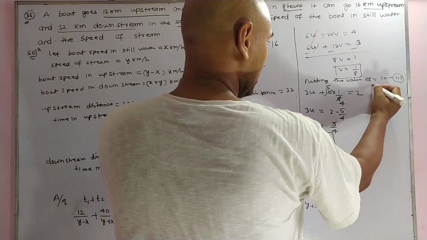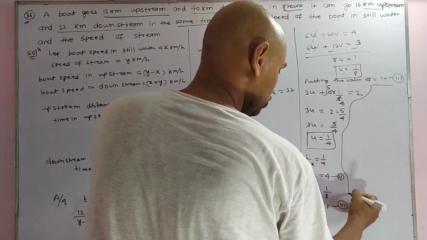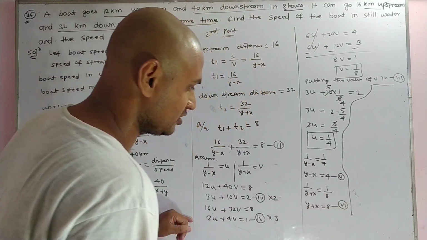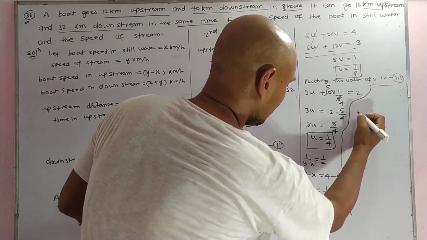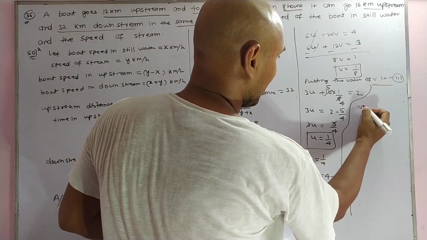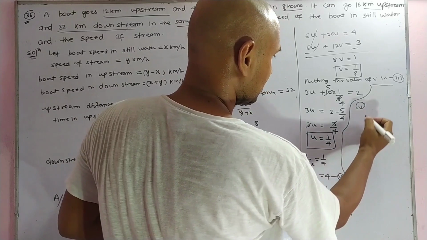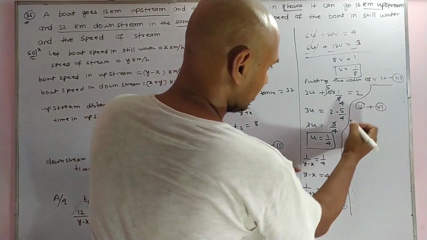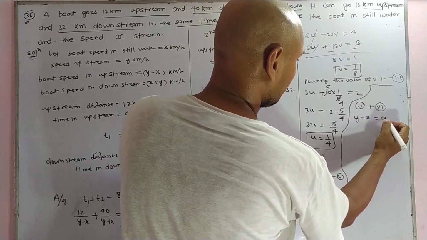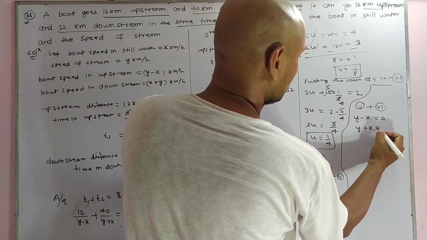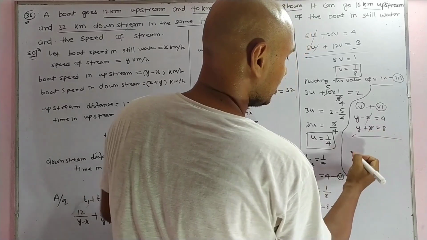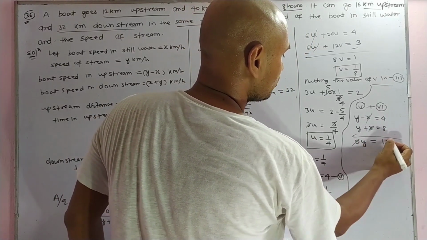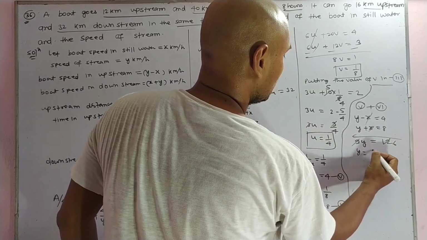As you add equation number 5 and equation number 6, you write y minus x equal to 4 and y plus x equal to 8. As you add, x will cancel out, and this becomes 2y equal to 12, so y equal to 6.